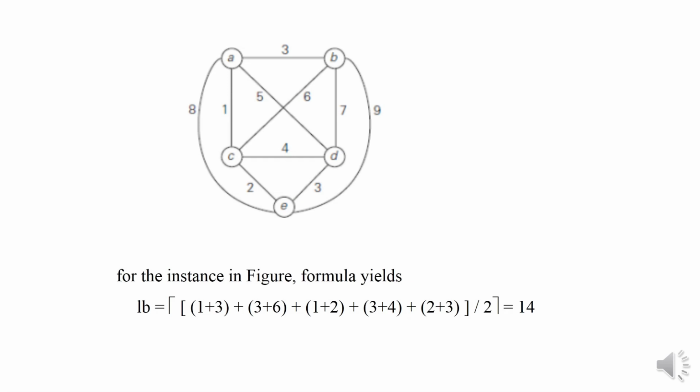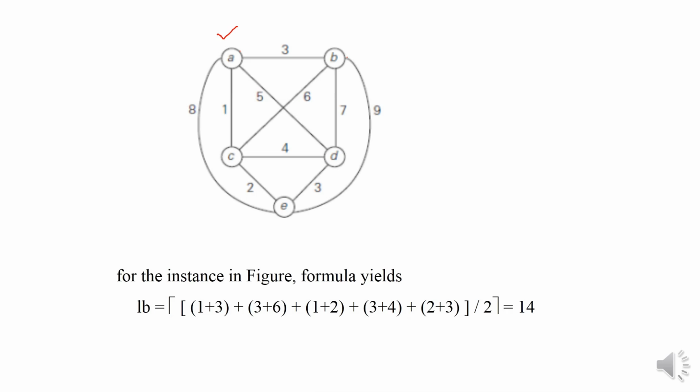Let us see this example where we have 5 cities A, B, C, D and E represented in this graph. In order to select the lower bound for each and every city, that is for city A, we should take the minimum 2 distances. So we need to consider the minimum 2 edges whose weight is minimum.